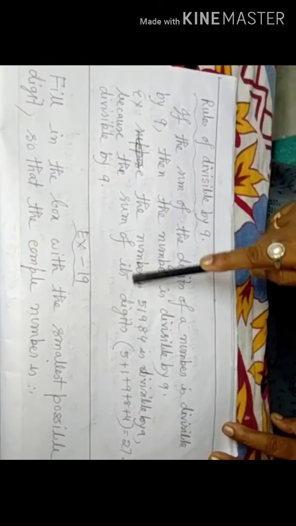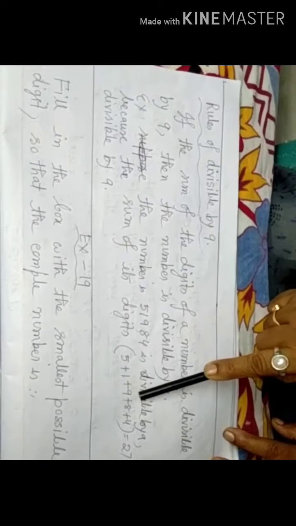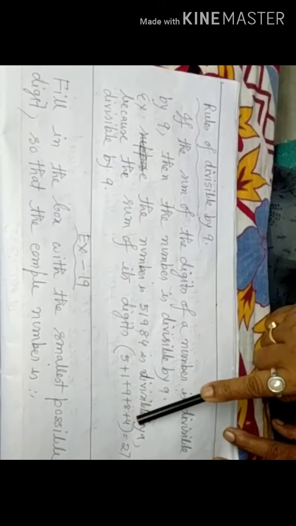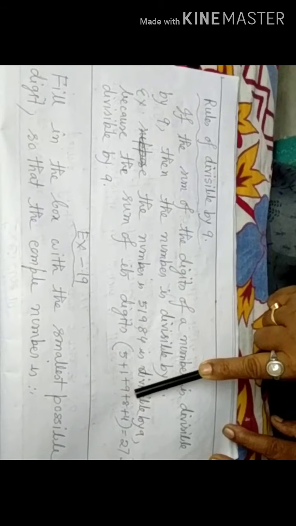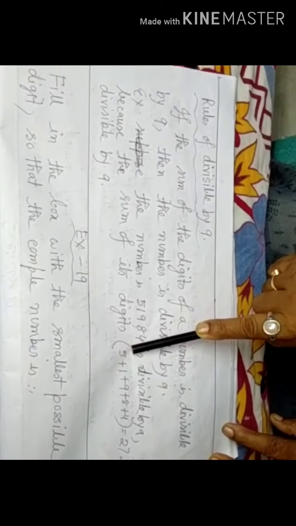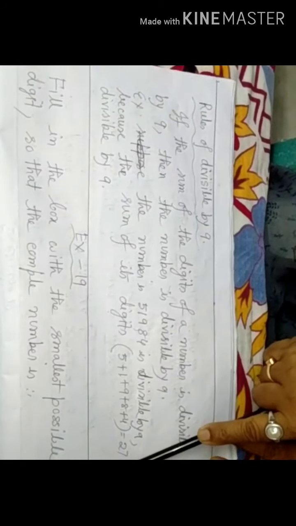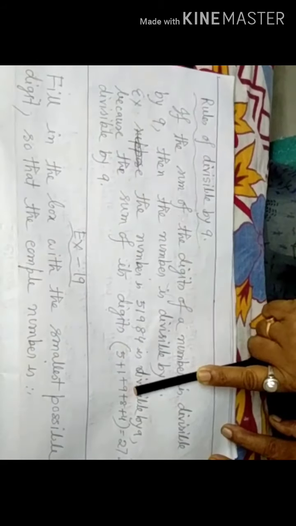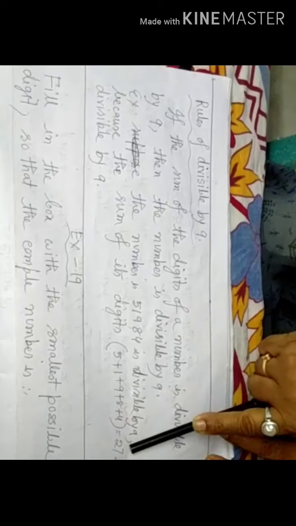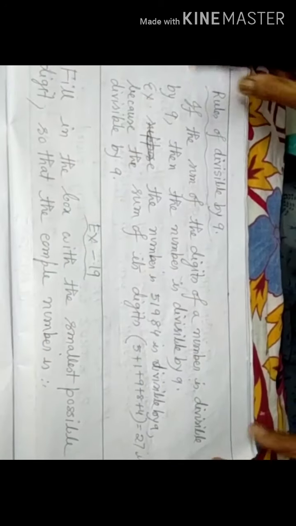It is divisible by 9, because the sum of its digits, 5 plus 1 plus 9 plus 8 plus 4: 5, 6, 15, 23, 27. So 27 is divisible by 9. Okay, this is the rule.